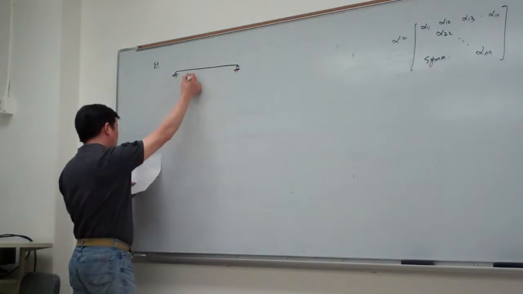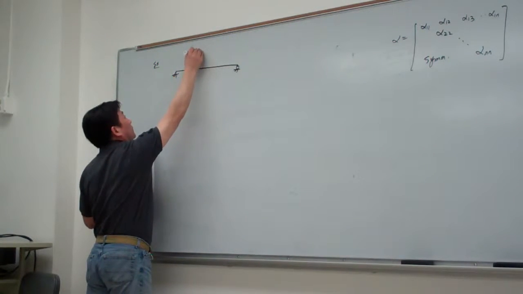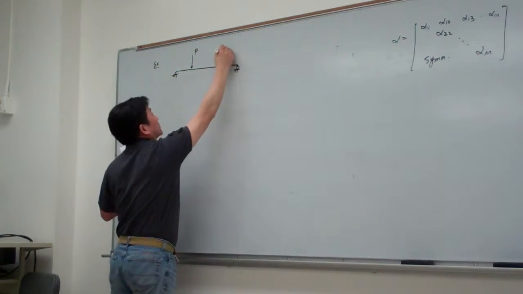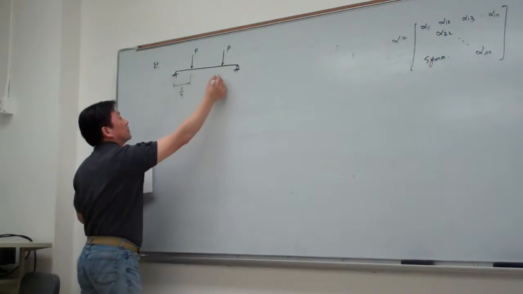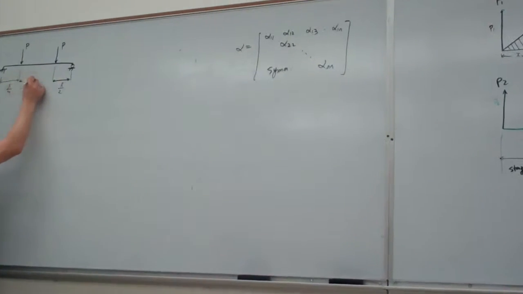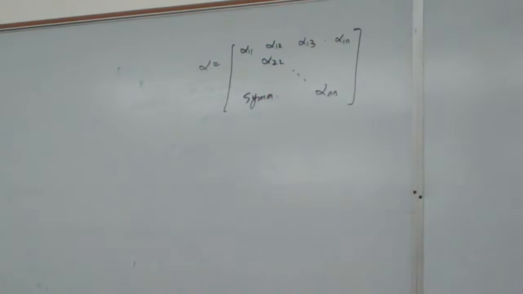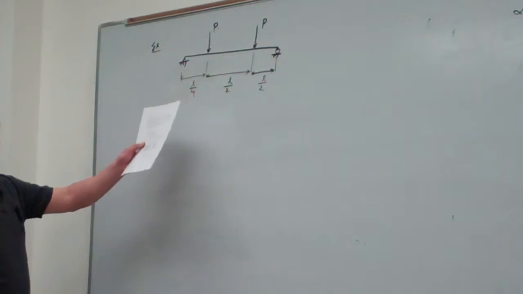So we consider a beam, and we have the loading P1. The loadings are the same. We have two loads of magnitude P, and then this is L over 4, L over 4, and this is L over 2. So for this case, the loading applies symmetrically, but doesn't have to be.